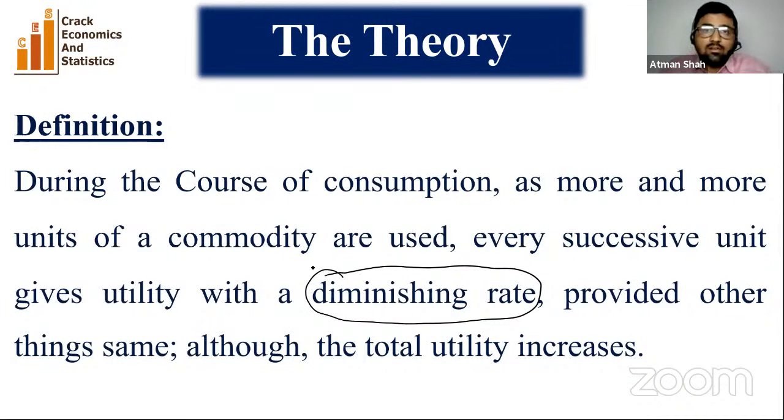So we assume that all other things are constant, and if consumer consumes a particular commodity, then each successive unit gives the marginal utility with a diminishing rate. The marginal utility that consumer derives from each successive unit is declining, although the total utility increases. So this is the definition given by Alfred Marshall.